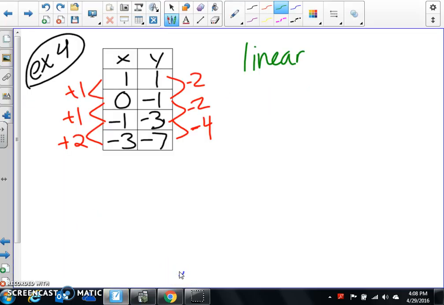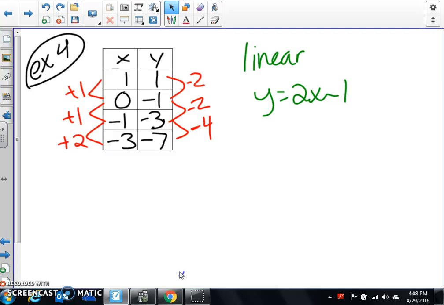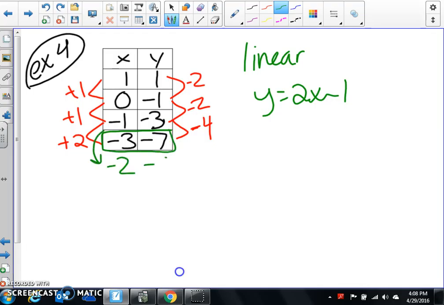Maybe. Y equals 2x minus 1 is my equation. Once again, you can find any value if you look at your table. All right? That's it. And real quick, the reason that this works, even though the pattern doesn't, is because we're missing negative 2, negative 5 in there. That needs to go in there. But it's okay if it skips a number as long as the pattern still works.